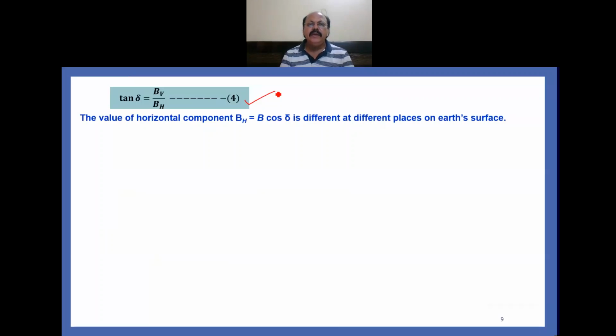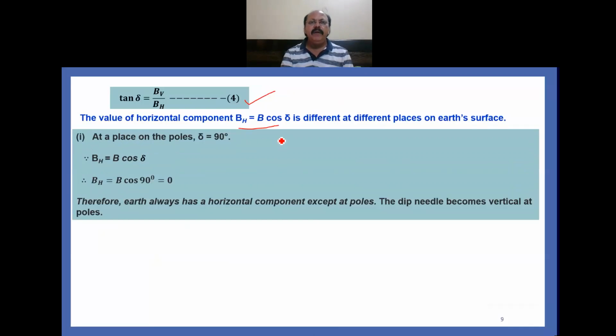Now the value of the horizontal component of earth is also different at different places, and since the horizontal component of earth is BH equal to B cos delta, we have to find out its value at equator and poles. At a place on the pole, angle of dip is 90 degree, and the formula for the horizontal component of earth is BH equal to B cos delta, and delta is 90 degree.